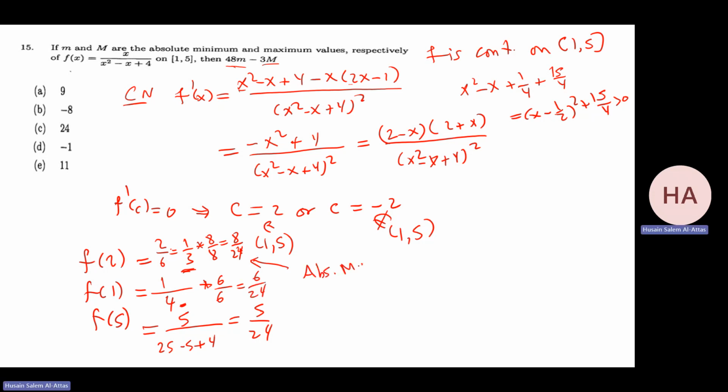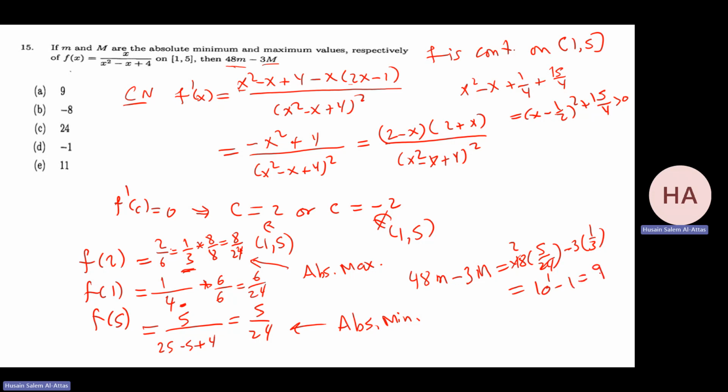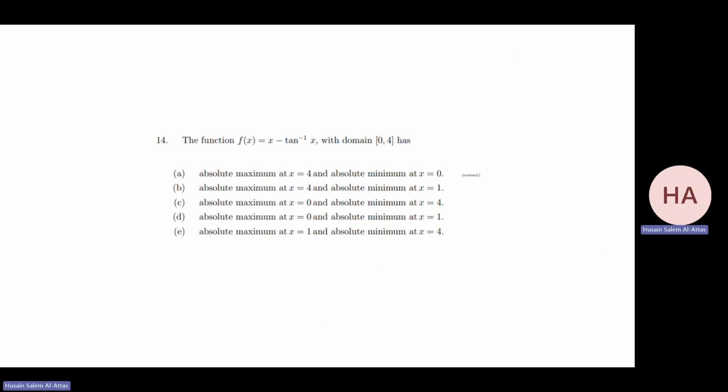So this is the absolute maximum, and this is the absolute minimum. What he wants is 48 times small m, the absolute minimum, minus 3 times capital M. That means 48 times 5 over 24 minus 3 times 1 over 3. This is 10 minus 1, which is 9.